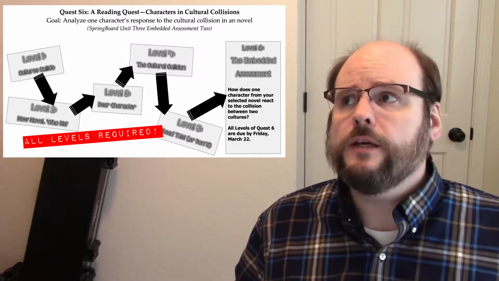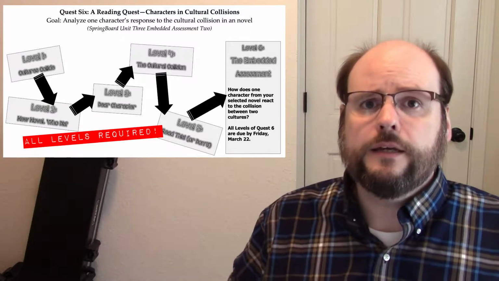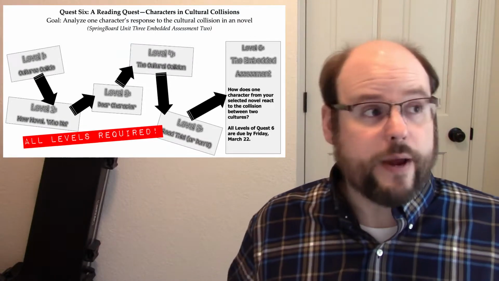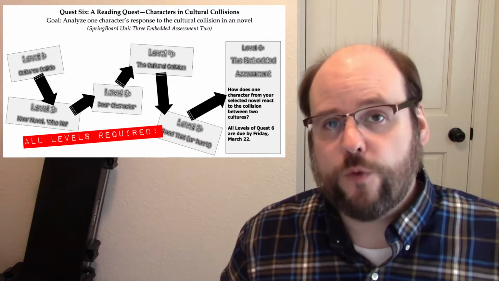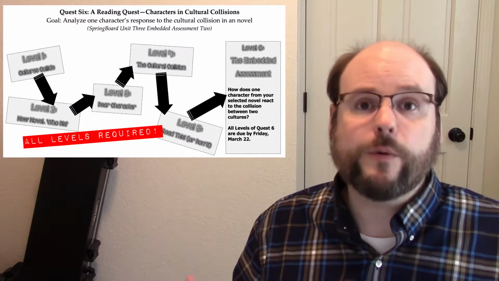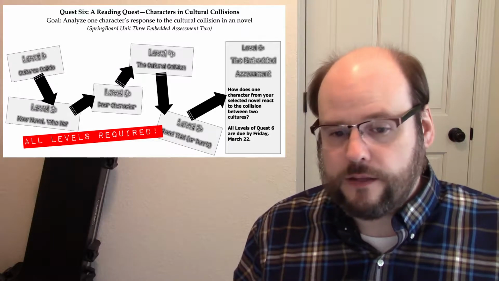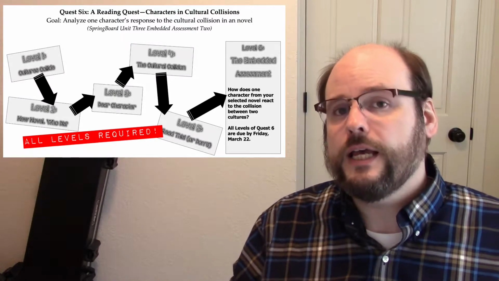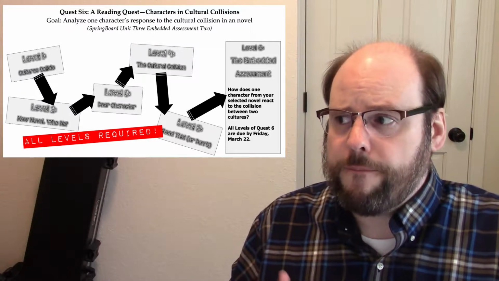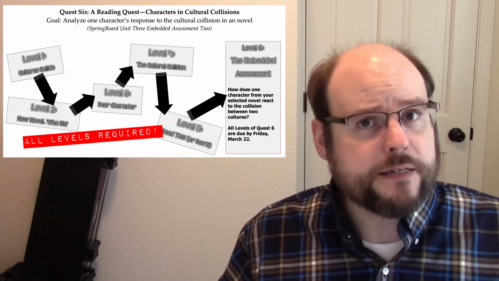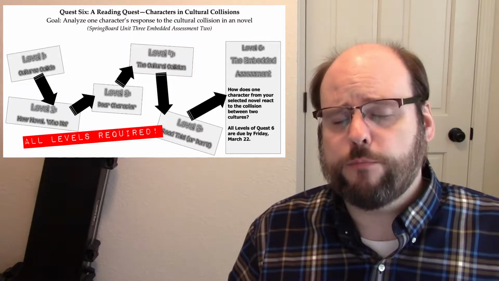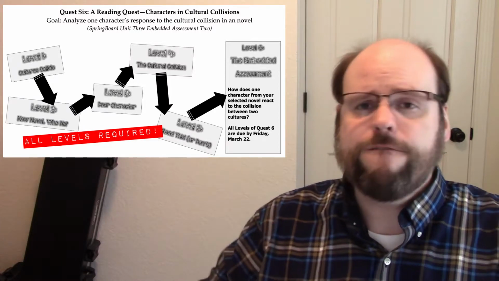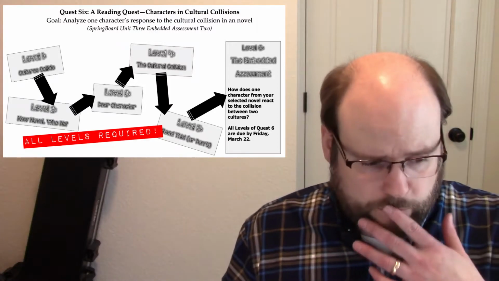At level 2, you are writing a character sketch, which is great because back in Quest 5, you wrote a character sketch. You should be good at that. In level 3, you are writing a letter to one character in the voice of another character. And at level 4, you're considering the fairness of what happened to the main character in your book. You're going to write a letter to the editor or a Facebook post about it.